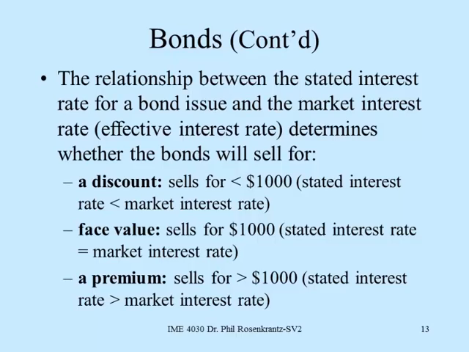The stated interest rate of 10% is then going to be lower than the actual market interest rate. If a bond sells for its face value, or $1,000, then the stated interest rate is the market interest rate. If bonds happen to be selling for greater than $1,000, then they're selling at a premium, so the stated interest rate is less than the market interest rate.